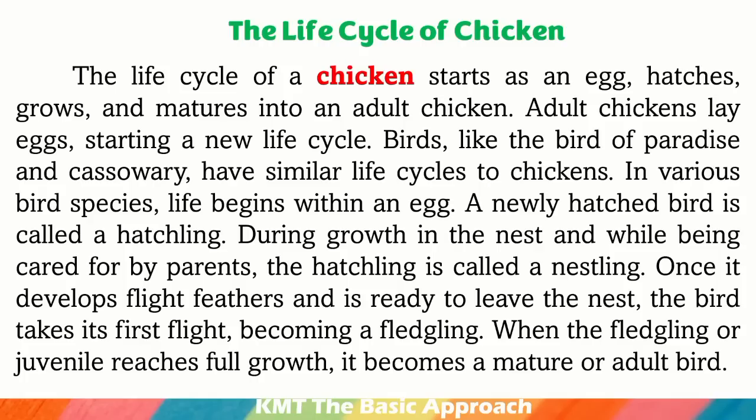A newly hatched bird is called a hatchling. During growth in the nest and while being cared for by parents, the hatchling is called a nestling. Once it develops flight, feathers, and is ready to leave the nest, the bird takes its first flight, becoming a fledgling. When the fledgling or juvenile reaches full growth, it becomes a mature or adult bird.